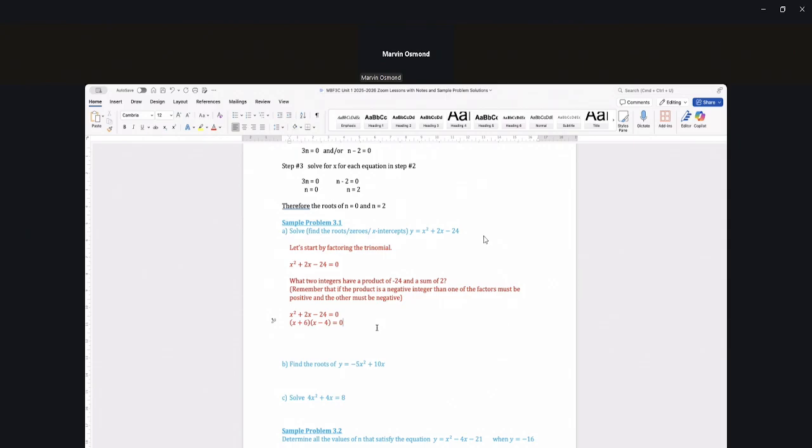Now, in mathematics, the only way to get 0 when we multiply two numbers is if one of the two numbers has to be 0. It's the only way. So that means that either x plus 6 is equal to 0 or x minus 4 is equal to 0.